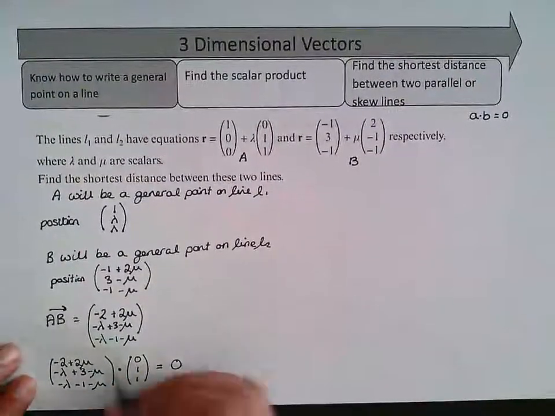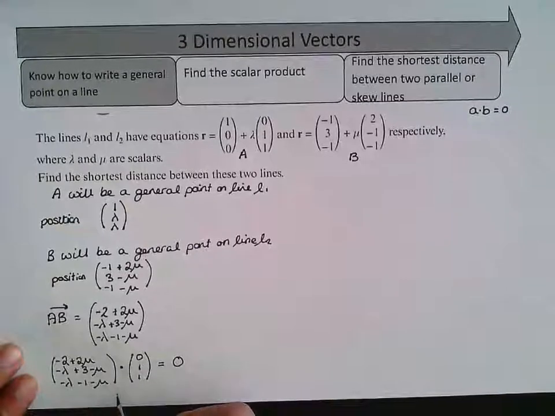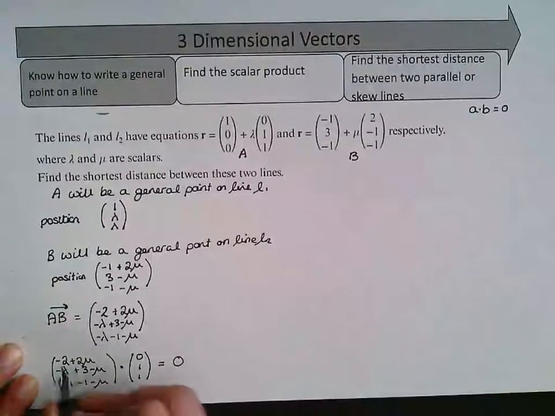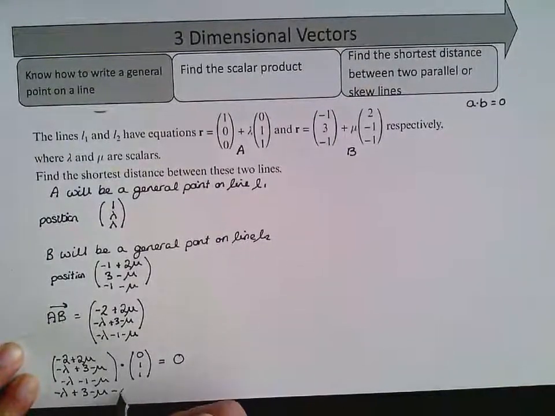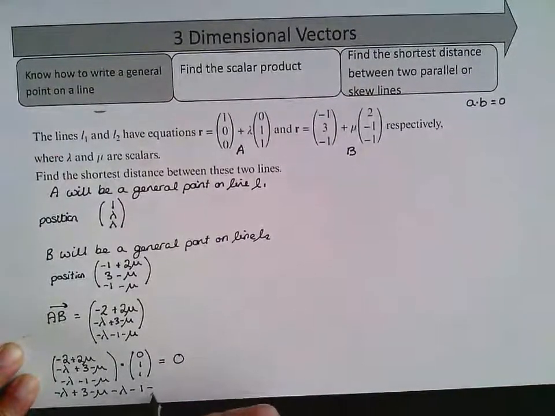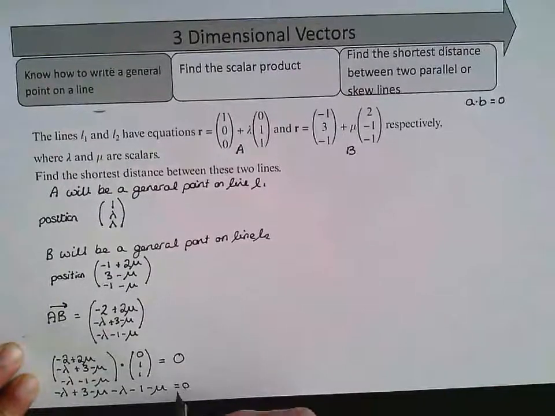So if we do this dot product, we will get minus lambda plus 3 minus mu minus lambda minus 1 minus mu equals 0.